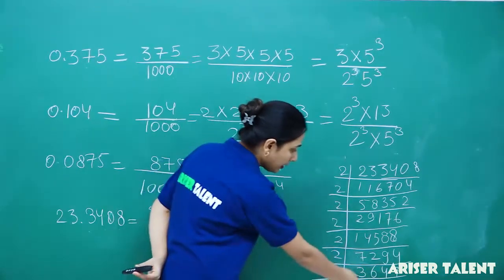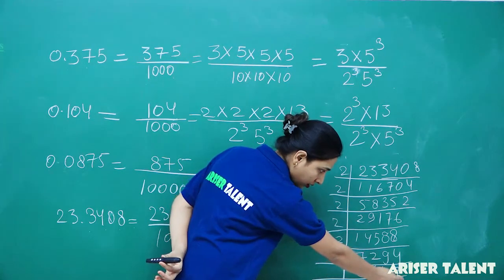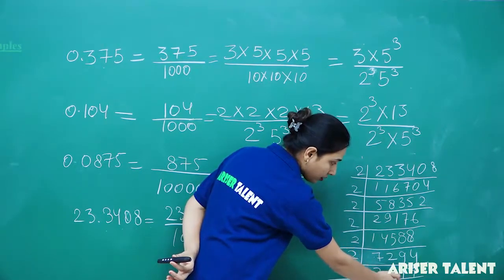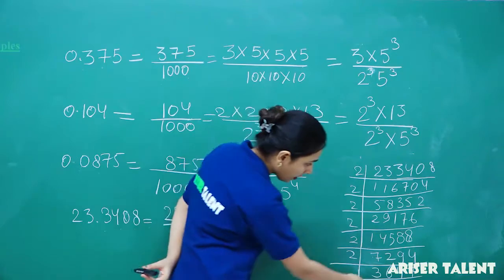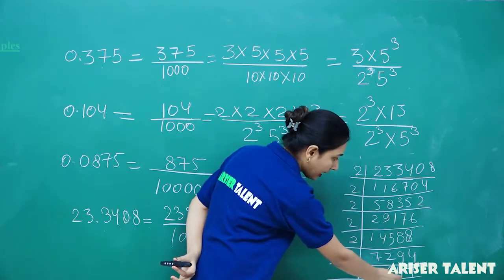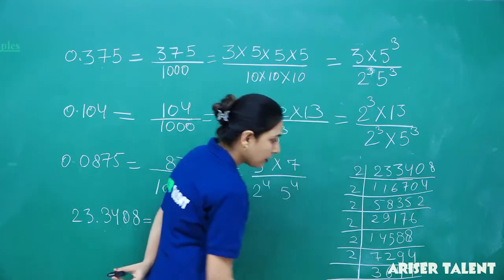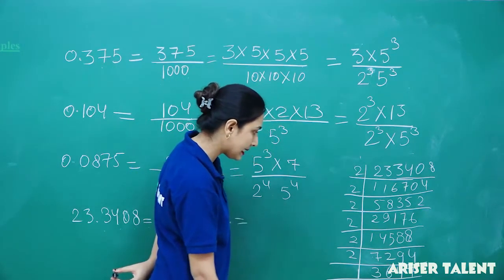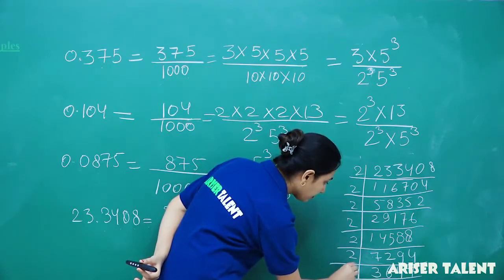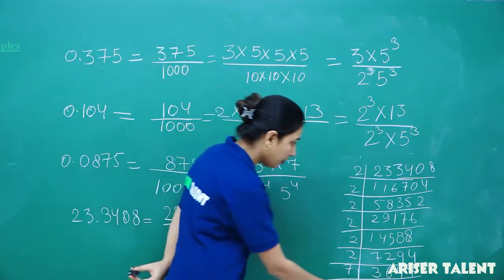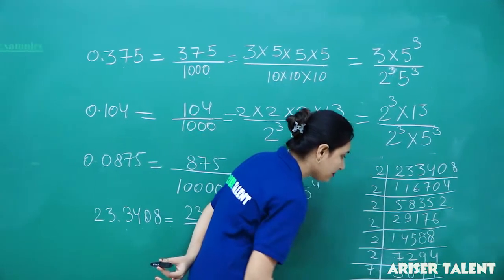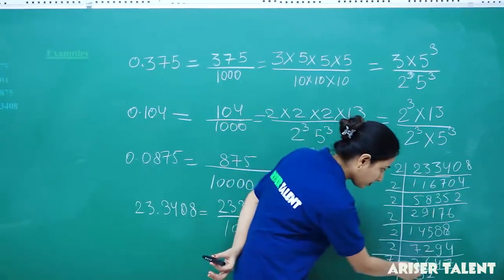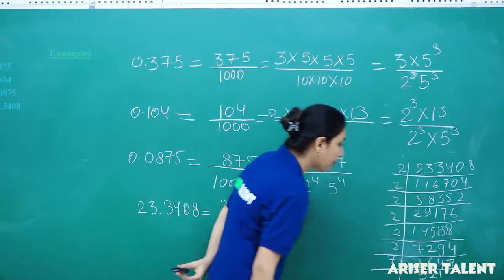Okay, now 3,647. Is it divisible by 3? 3, 6, 4, 10, 7, 20. So, no, it is not divisible by 3. Then 5, no. 7, let's try. 7 times 521.